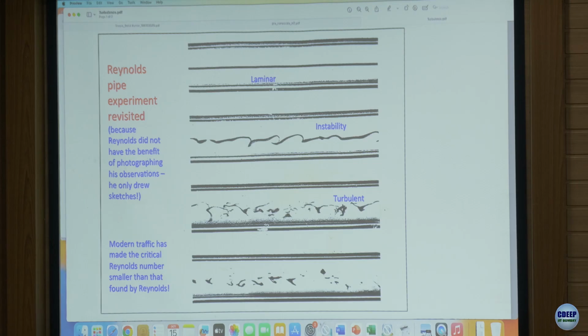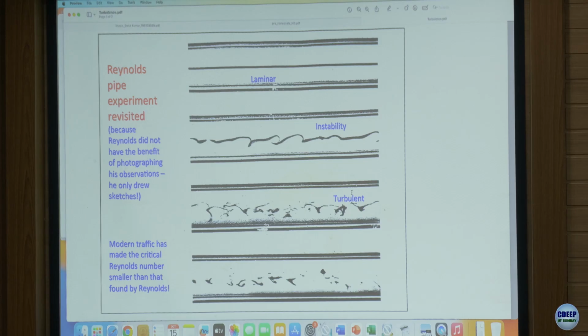Now this is a picture from a very famous book known as An Album of Fluid Mechanics, and it says, Reynolds pipe experiment revisited. The original setup from Reynolds was sitting there, and somebody decided to reconnect it and see whether the experiment could be done again.